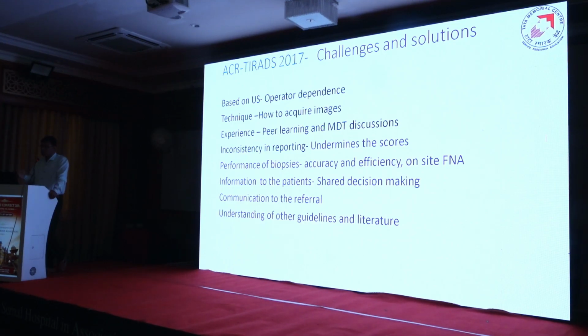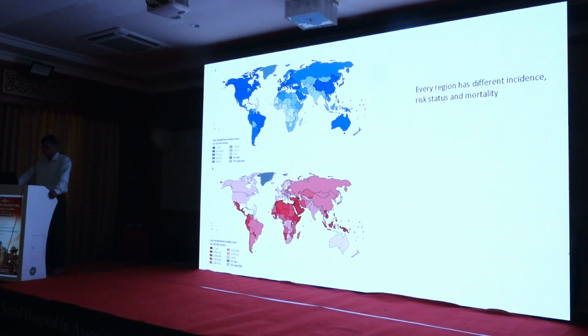It removes inconsistencies in reporting, gives more weight to the scoring system, and helps us perform better and on-site biopsies. It also helps patients understand what will happen to them if the nodule is 6 millimeters, whether they have to do a follow-up or an FNA. So the decision is a shared decision, and it can be communicated to whoever is referring, that these are the particular aspects and this has to be followed up.